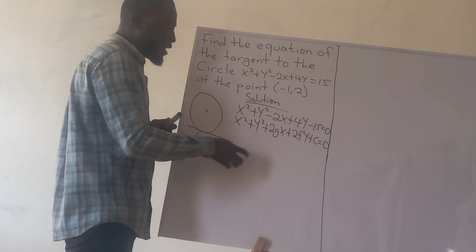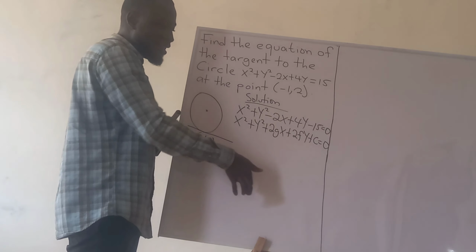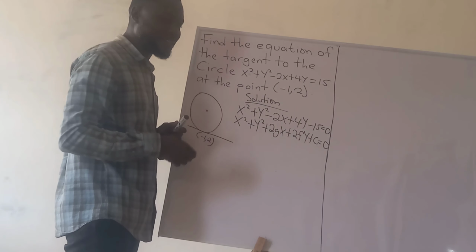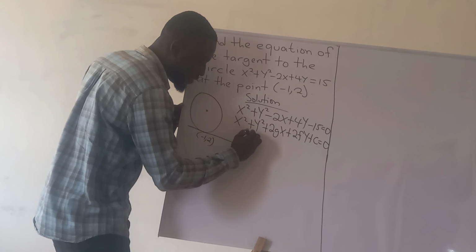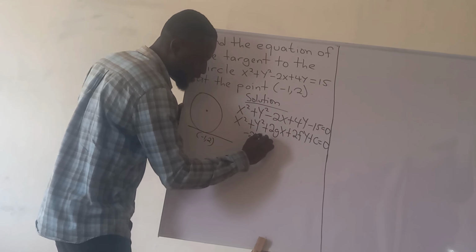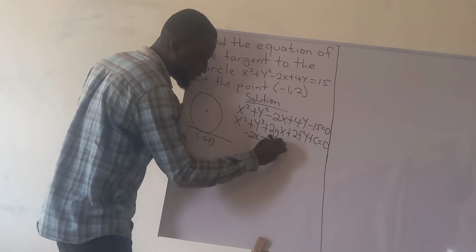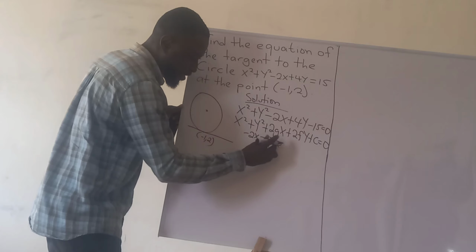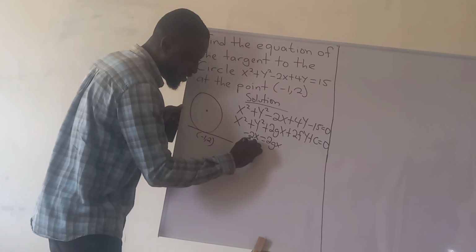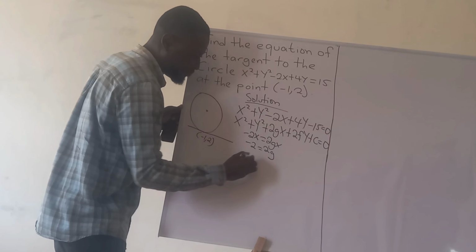Now let's compare the coefficient of x and the coefficient of y. That is what is going to help us get the center. So -2x equals 2jx. The x will be out, so -2 equals 2j.